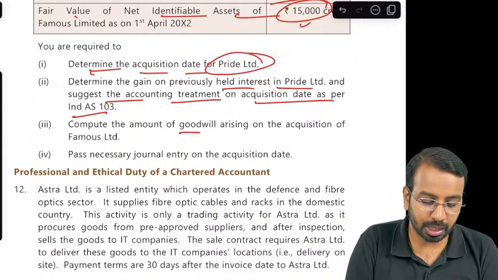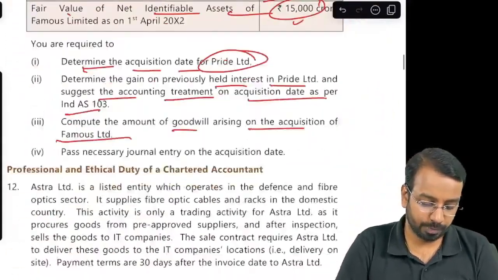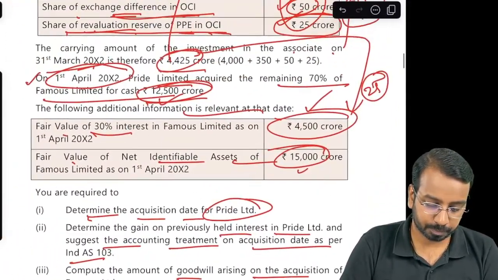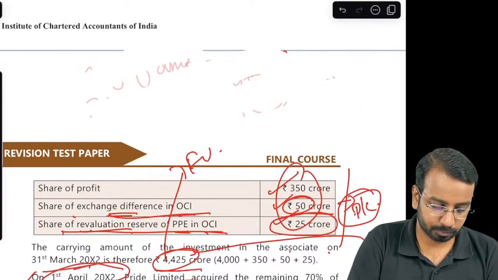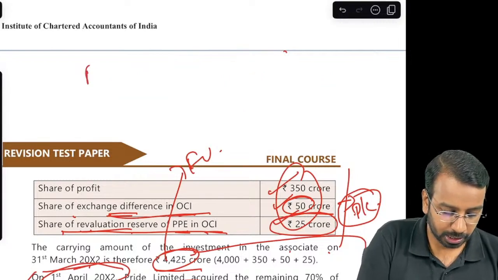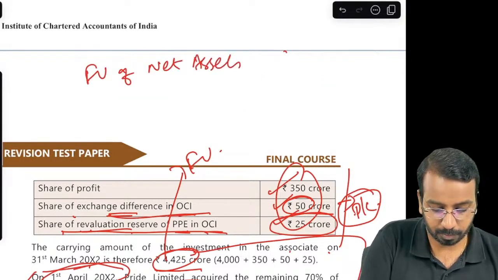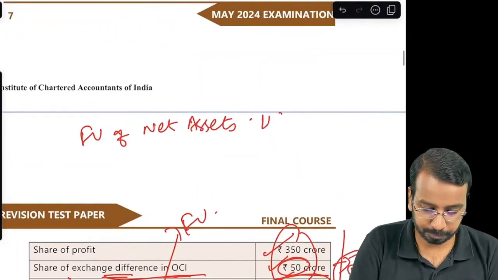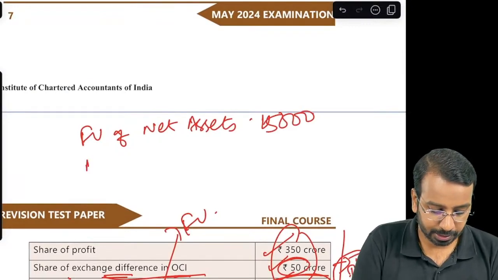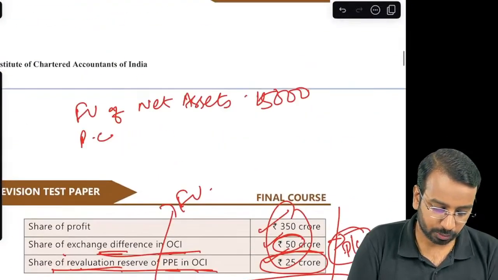Then compute the amount of goodwill arising on acquisition of Famous Limited. Now what is the goodwill value? If you see, fair value of net assets is mentioned to be 15,000 crores. Purchase consideration paid 12,500 crores.